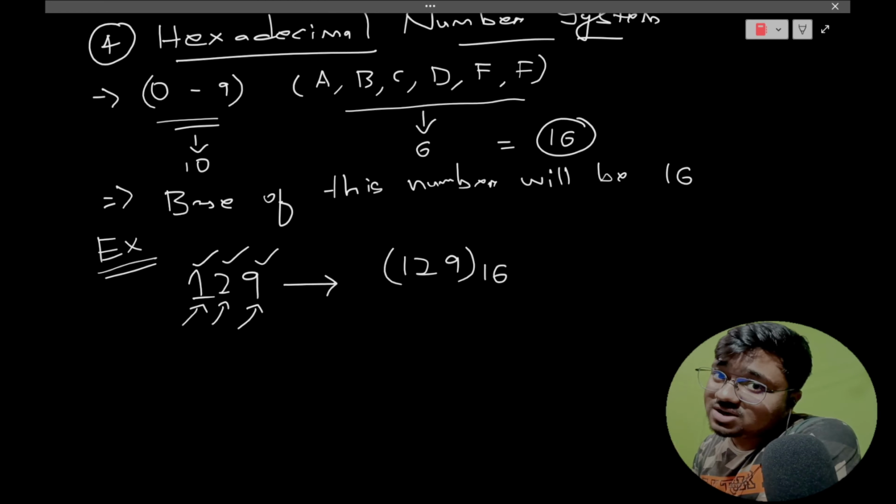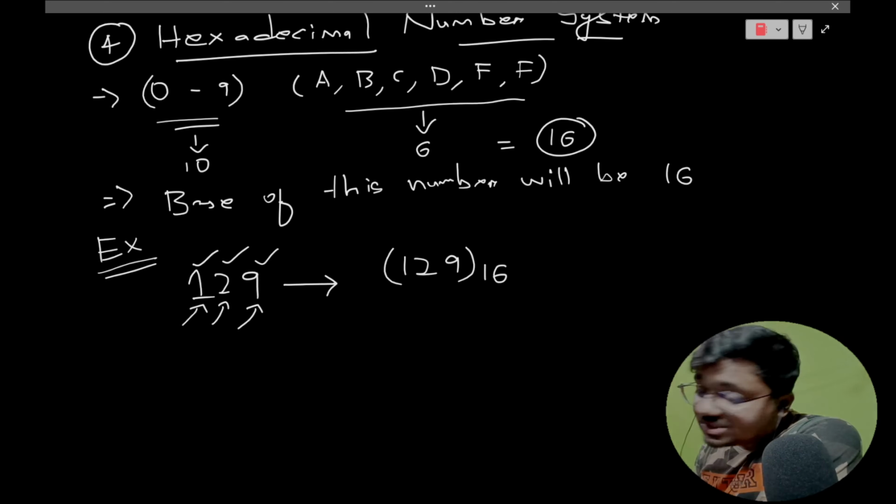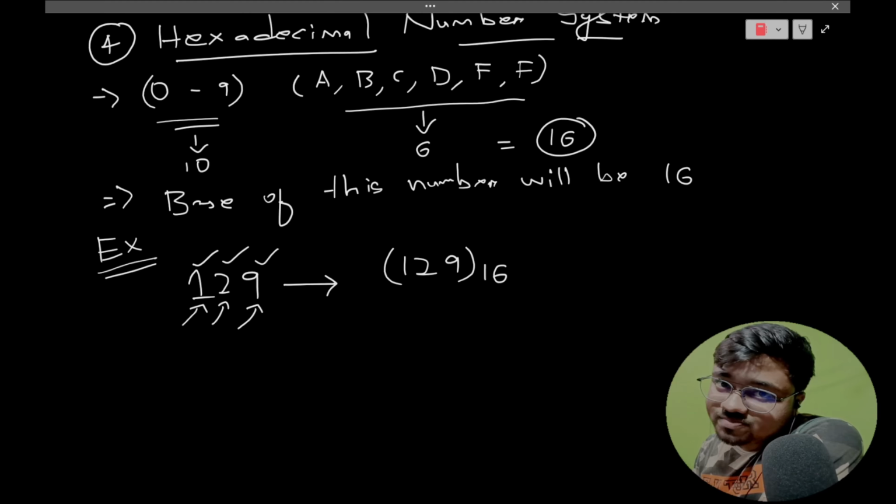Otherwise, if I write 1 2 9 only, there is confusion, right? Whether this will be considered a hexadecimal number or a decimal number. Are we not confused by this? Yes, we are. So that is why the base needs to be maintained properly for understanding our hexadecimal number system.